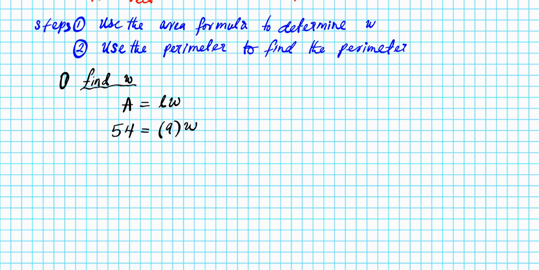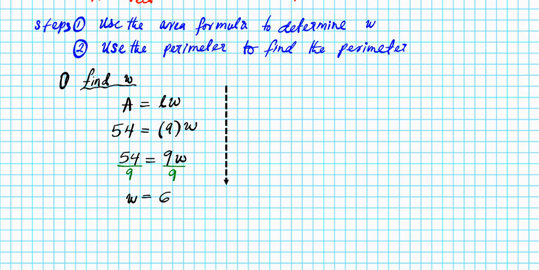Alright, let's solve this resulting algebraic equation for W. So 54 is equal to 9W, and to solve this, you simply divide both sides by 9. And you have a width of what? The width is 6. Alright, we're done with step 1.